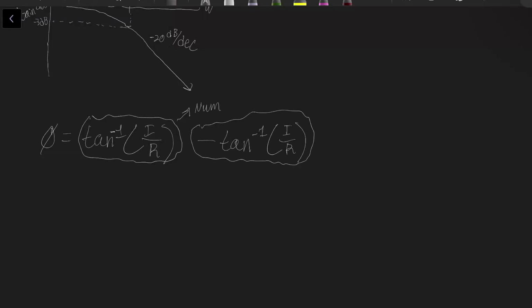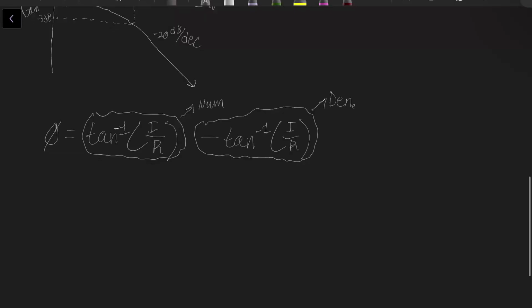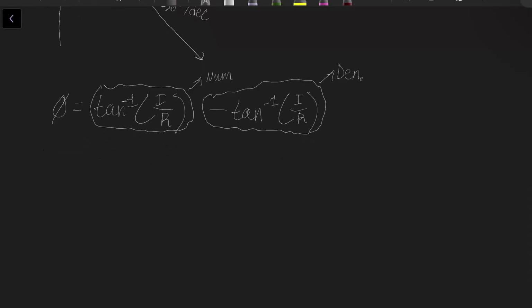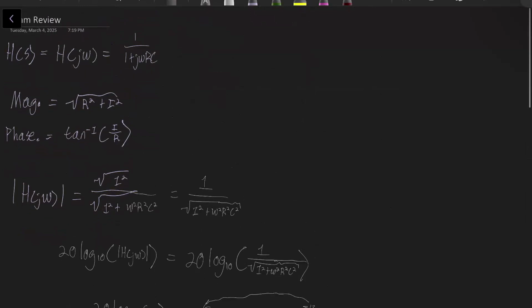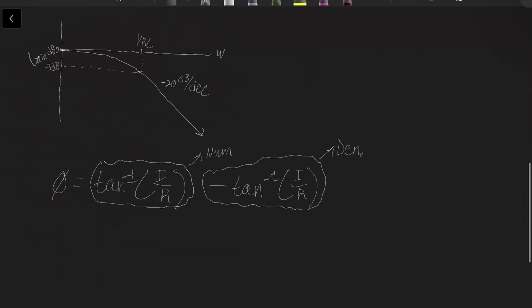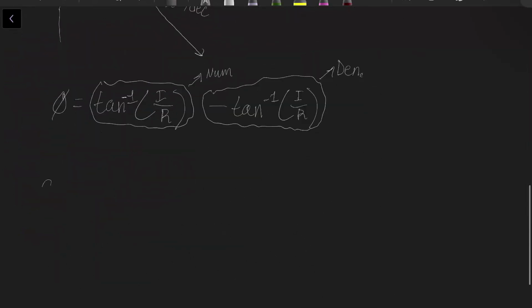So this term, the first term is going to be for the numerator, and the second term is going to be for the denominator. So if we apply this to our equation that we have, 1 over 1 plus j omega RC, for our numerator, we have inverse tangent of 0 over 1, right?